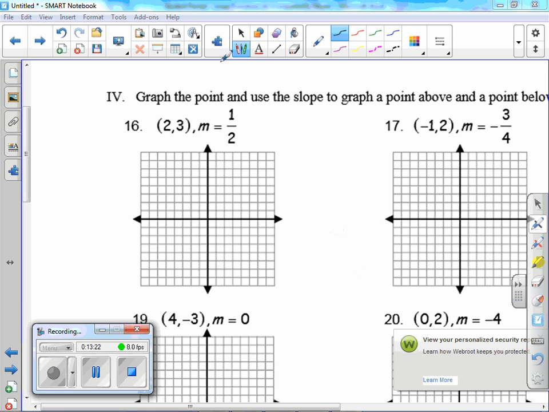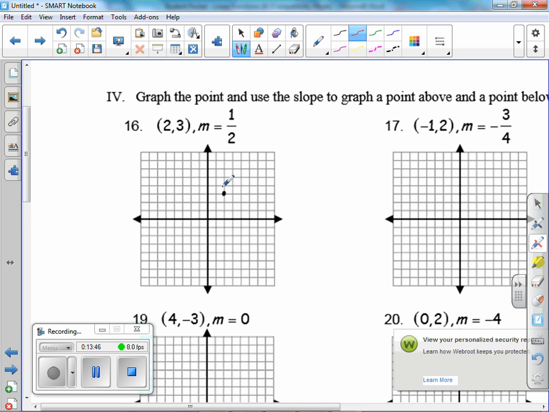Okay, you're going to have to graph given a point and a slope. Remember, m is the same as slope. So let's find our point. It's 2, 3. So we go over 2 and up 1, 2, 3. I hope you can see that. And it's going to put a little dot there. What is the slope or steepness or rate of change, whatever you want to call it? It's 1 over 2.